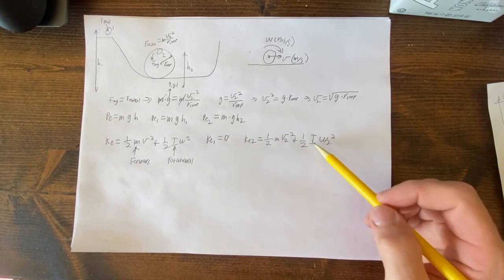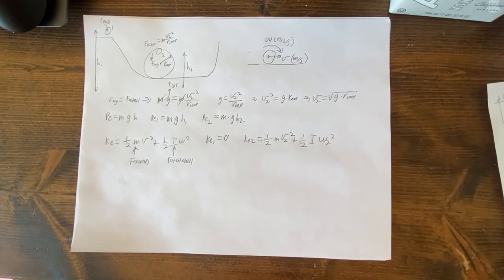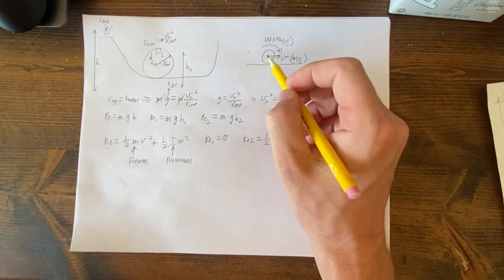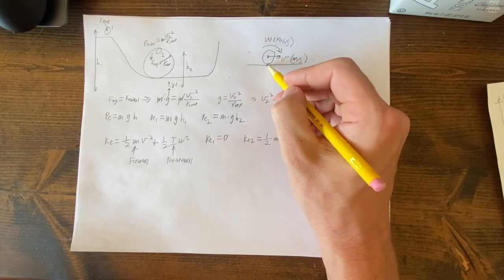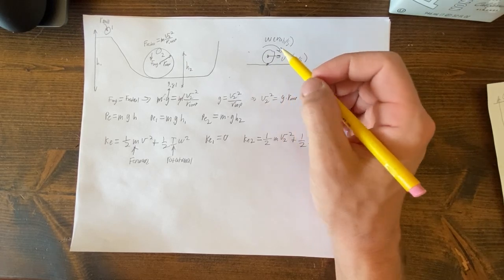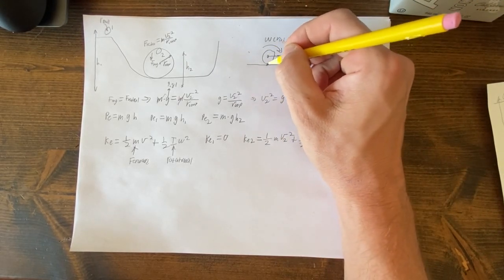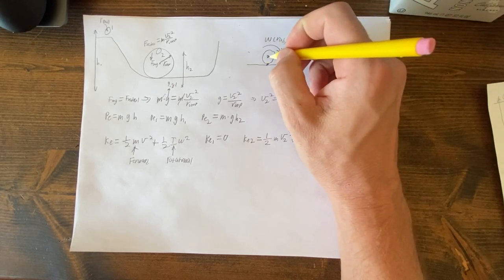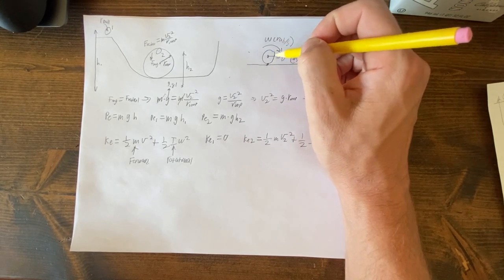So what is I and how do you find omega? Let's tackle the omega issue first. If we know the rotational speed, the forward speed of the ball, and we know that it's staying in contact with the surface at one point at all times, then we could say that it travels one rotation every time it's gone linearly the distance of one rotation.